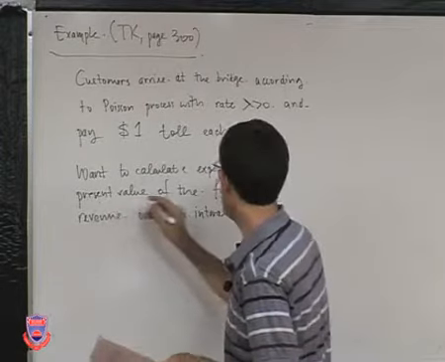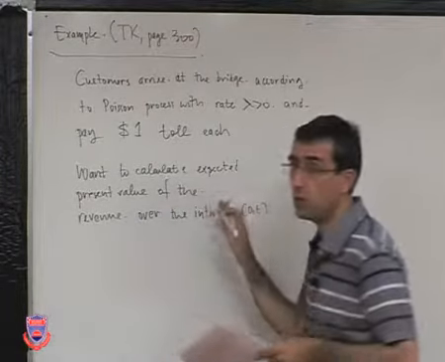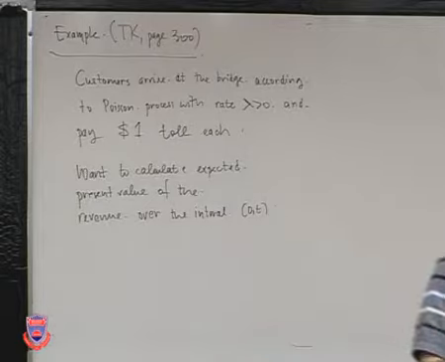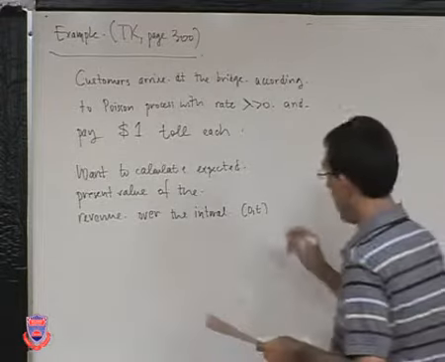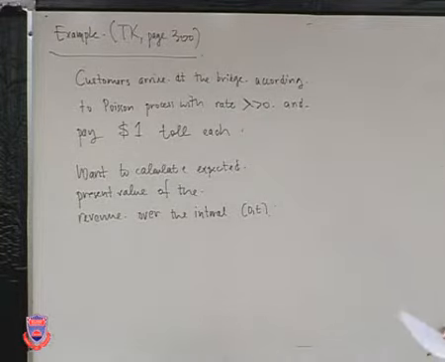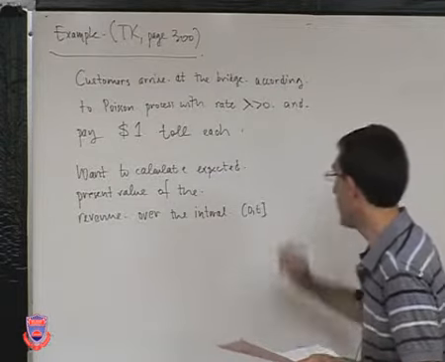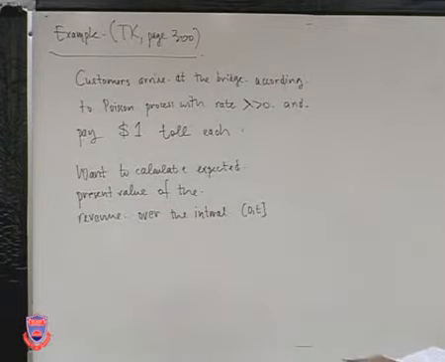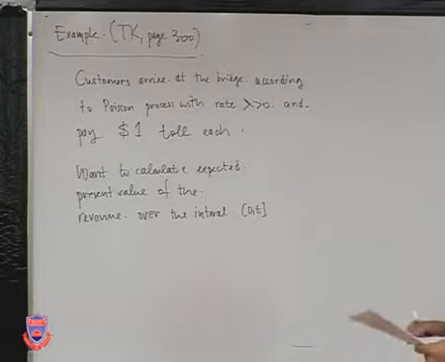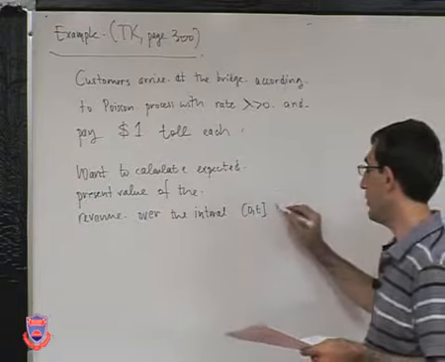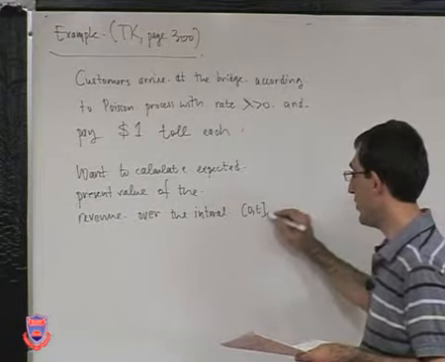We could also calculate reward over the indefinite time horizon, but this time we would like to find this revenue over this short period of time. So we want to calculate the expected present value of the revenue over the interval from 0 to t.